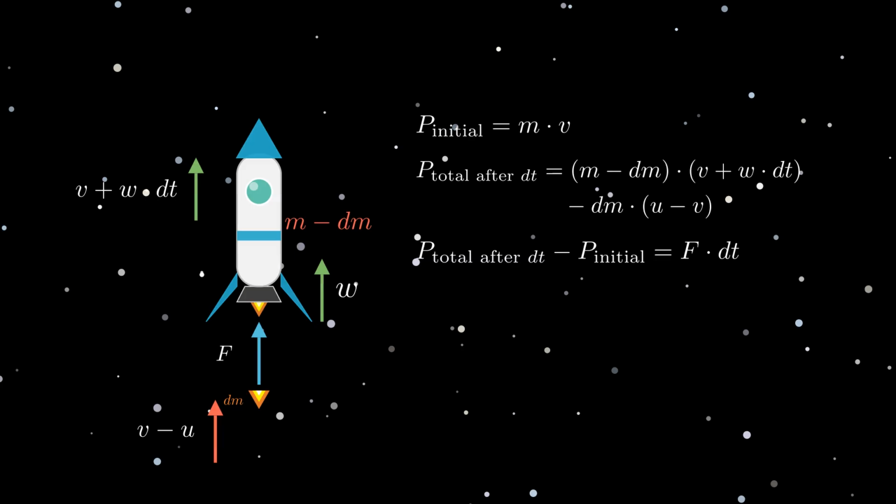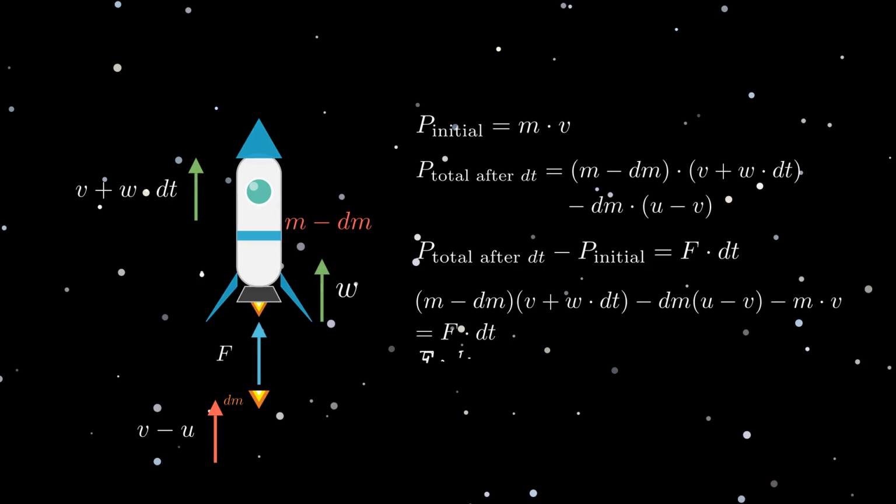Therefore, P final minus P initial will be equal to F into dt. Now if we substitute the expressions we obtained, we get (m minus dm) into (v plus w dt) minus dm into (u minus v) minus mv will be equal to F into dt.